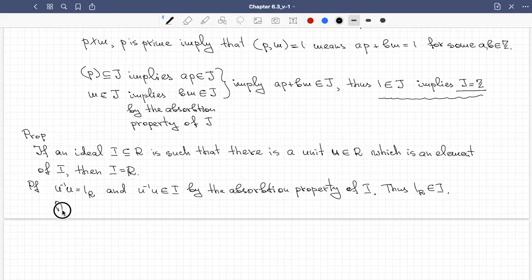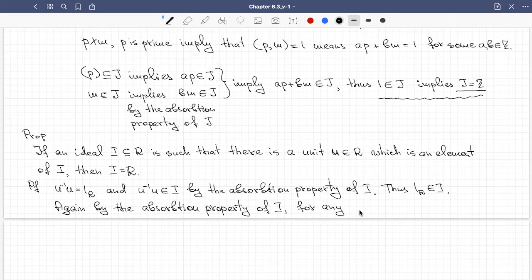Again, by the absorption property, for any R, any element in the ring, R times identity, or write it the other way around, it's clearer.